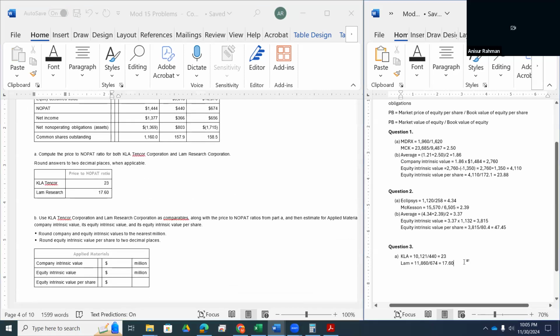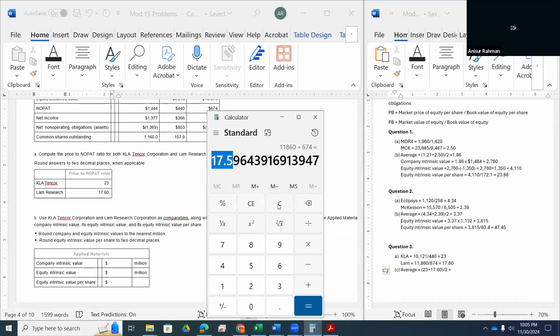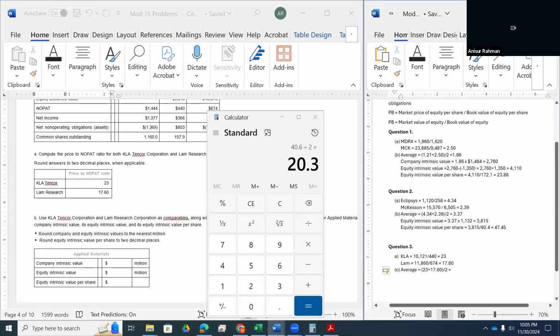So let us first calculate the average of the price to NOPAT ratio. It is not asking for the average, but we will need this for the subsequent calculations.